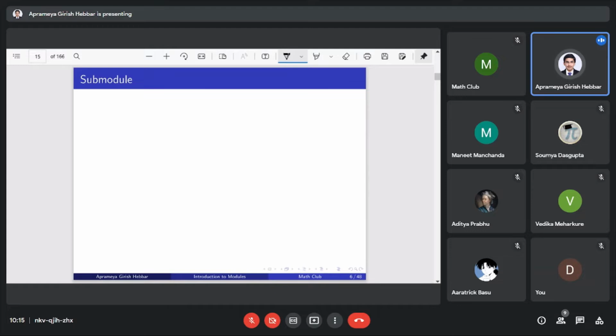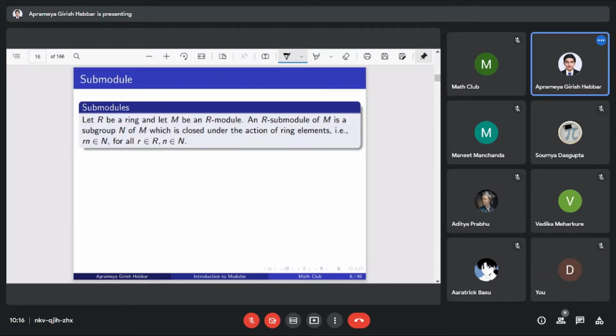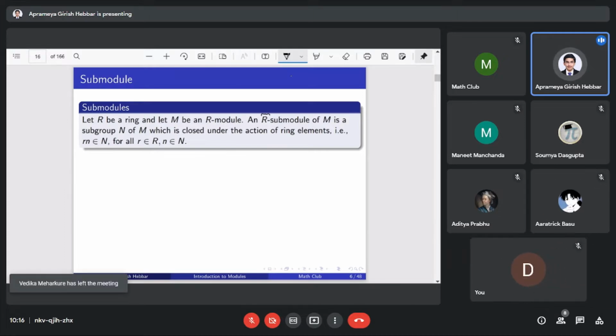With vector spaces, you have subspaces, and here you have submodules. Let R be a ring and M be an R module. For an R submodule of M, we always append R while talking about modules because we want to know what the underlying ring is. An R submodule of M is a subgroup N of M which is closed under the action of ring elements.